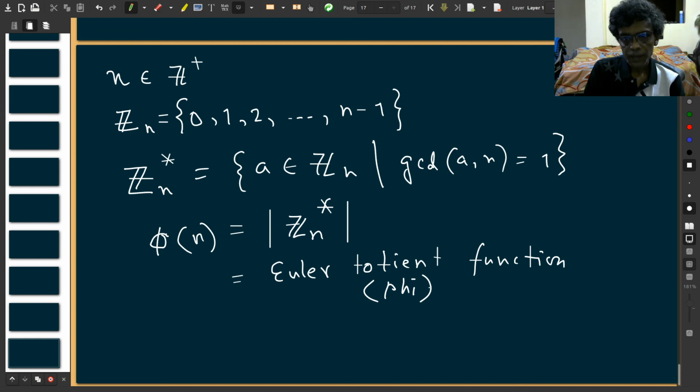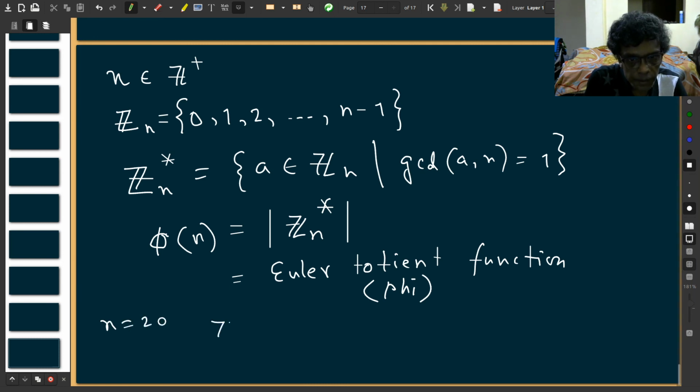Okay. So now that we have prime factorization with us, we can derive an explicit formula for phi of n. But before doing that, let me give you an example. Let us say n is 20. Then Z20 is nothing but 0, 1, 2 up to 19.